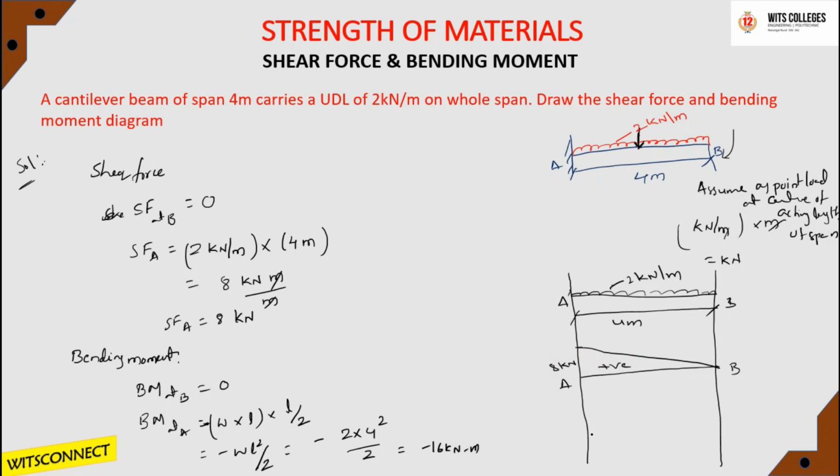Similarly for bending moment, this is A and this is B, and the bending moment is negative. Bending moment at B is 0, and at A it is minus 16 kilonewton meter. For a point load it was a straight inclined line, but here we get a parabola. So in this way we draw the shear force and bending moment for a uniformly distributed load.